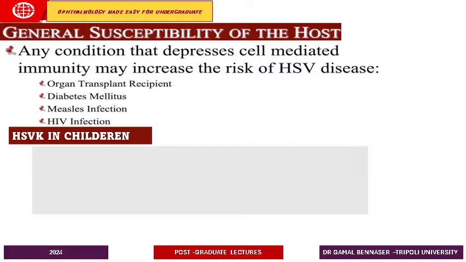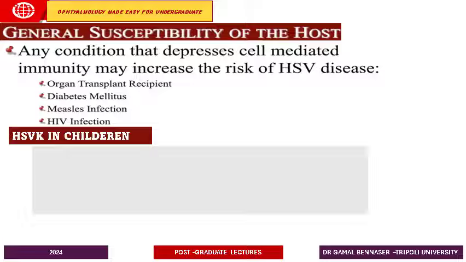Now, as far as the susceptibility of the host to HSV keratitis, we have general susceptibility factors and local susceptibility factors. The general susceptibility is mainly concentrated on the abnormal or altered immune system. Abnormal immune system means decreased cell-mediated immunity, as seen in organ transplantation patients with the use of immunosuppressants like steroids and other medications.